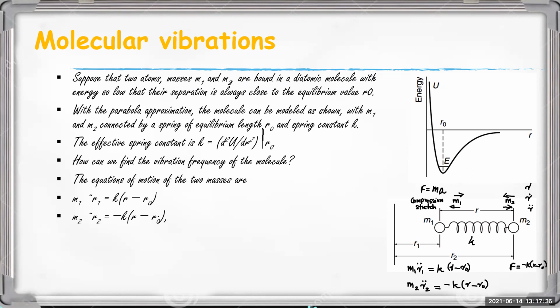These are the equations of motion, where r is equal to r2 minus r1, the instantaneous separation of the masses.